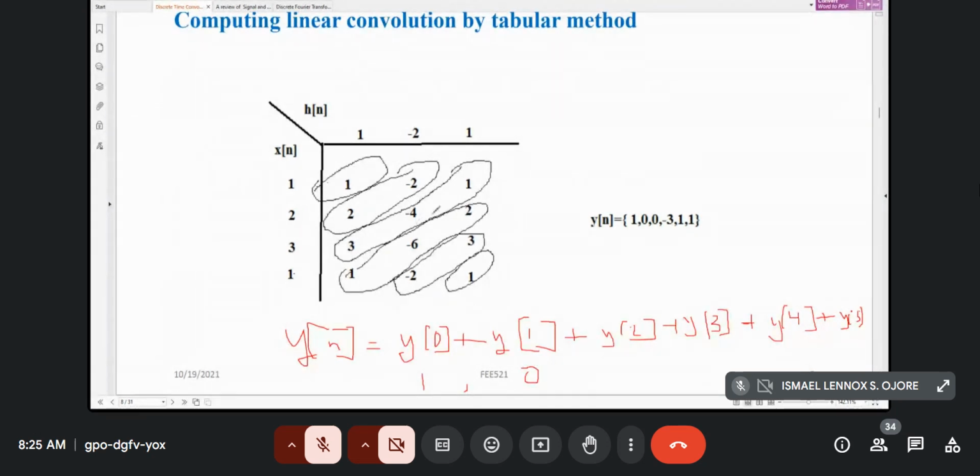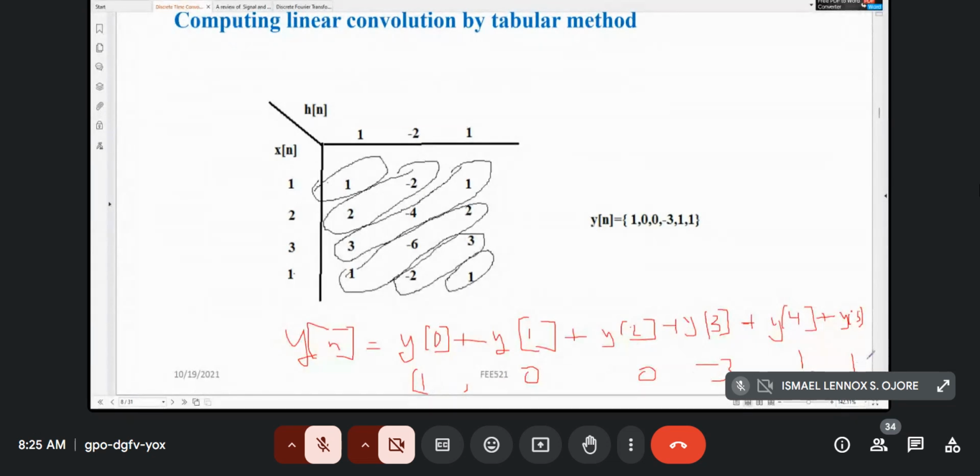This will be 0. This will be, because it's 3 plus 1 minus 4. This will be minus 3. This will be 1. And this will be 1. So this will be the output.